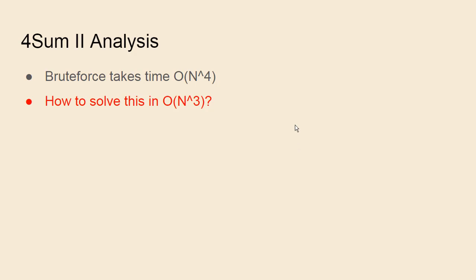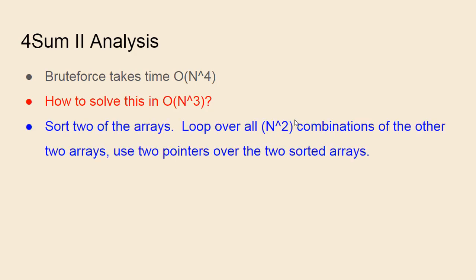Suppose we sort 2 of the arrays, then we can loop over the other 2 arrays, and there are n squared combinations of them. For each combination, once we pick those 2 values, we are trying to find 2 numbers in the 2 other sorted arrays so that they sum up to the negative of the sum of the first 2 values, so that the total sums up to 0. That can be solved using 2 pointers.